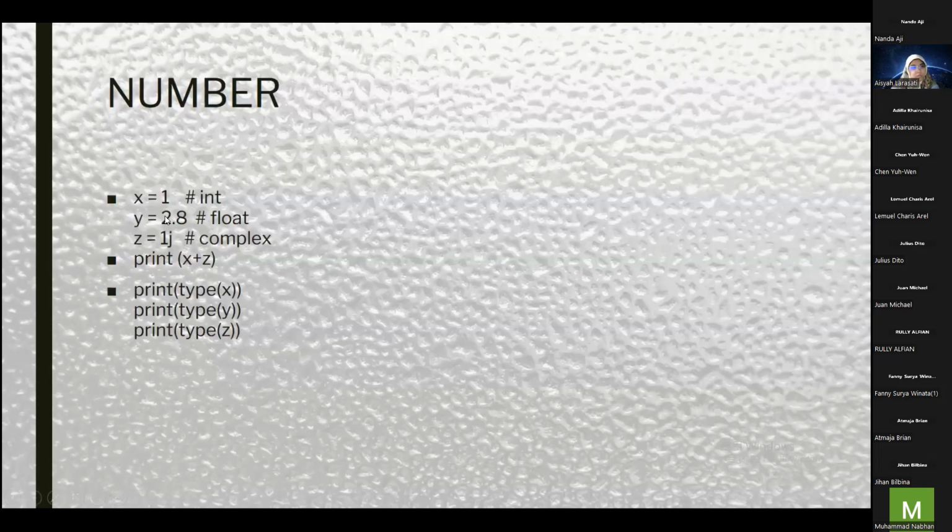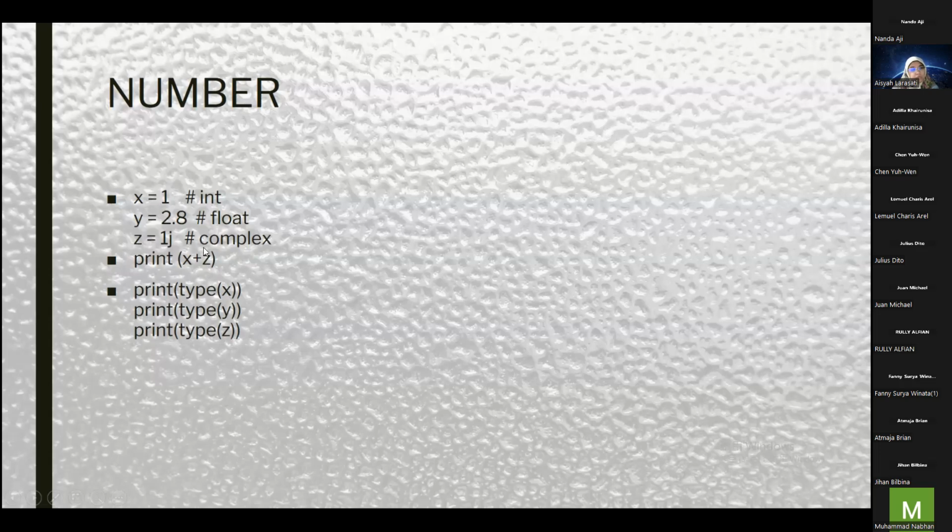And the number, okay, yeah, 1. When you use 1, it means integer. 0.8 is float. Okay, and when you print x plus z, actually it should be 1 plus 1j, right? Because it's complex, when you see a j, that means a square root of -1, a complex number. Yeah.